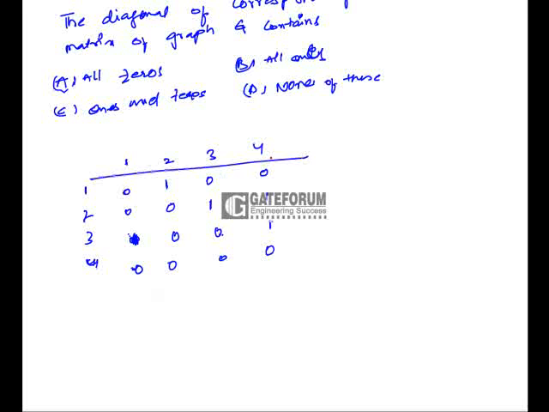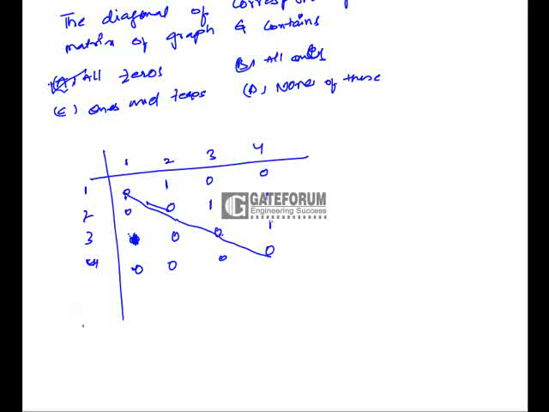So this is the adjacency matrix. The question is the diagonal of the corresponding adjacency matrix of G contains, here diagonal elements are zeros. That means there is no self loop in the given graph. That's why these are all zeros. So the correct option is option A.